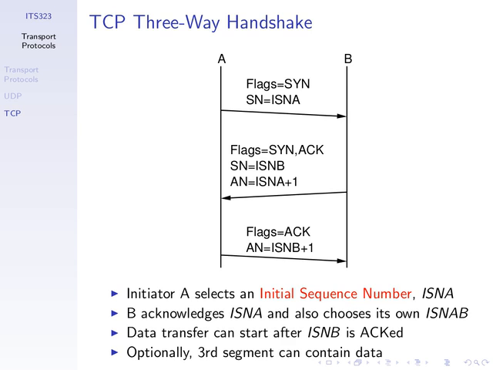That's the first step. When B receives this first TCP segment, and it's often referred to just as a SYN segment, it's a TCP segment with the SYN flag to true.